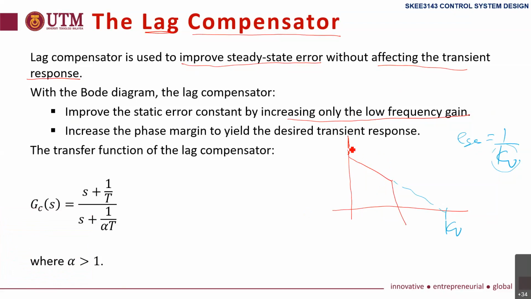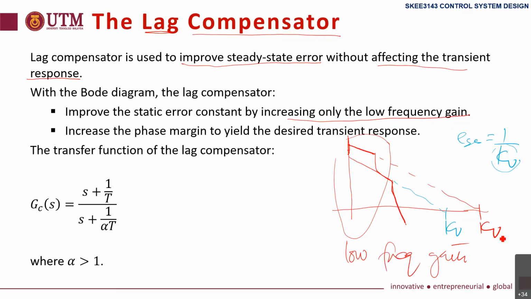If I increase, instead of from here, it will be like this. Then perhaps the rest is the same. This is new KV with lower error. We reduce the error. This is what we mean by improve the steady state error by increasing the low frequency gain. This is the low frequency gain part.